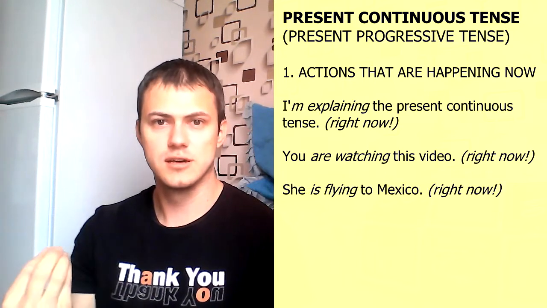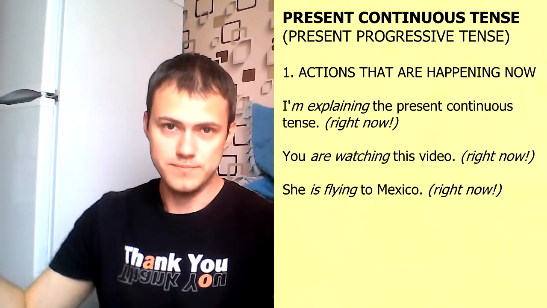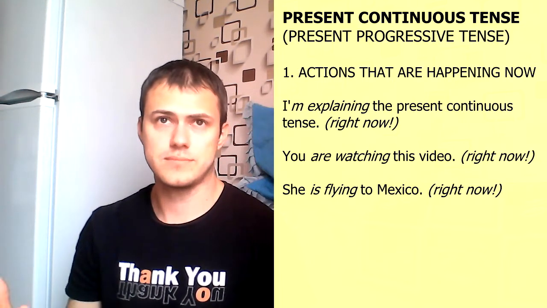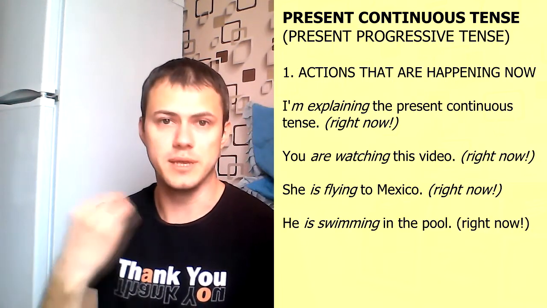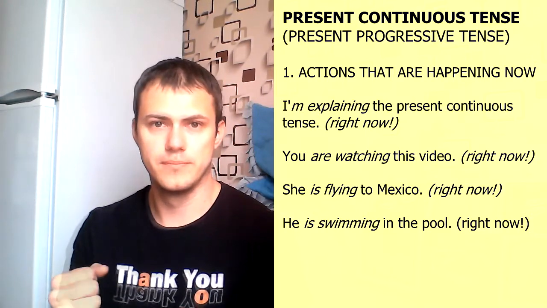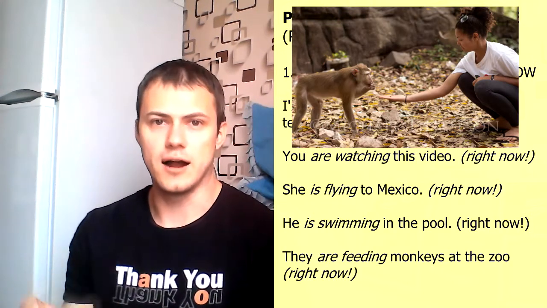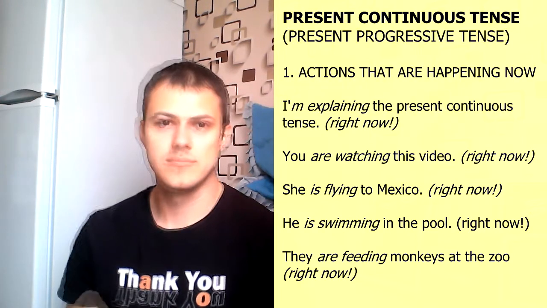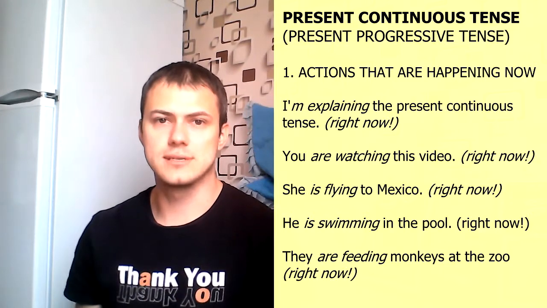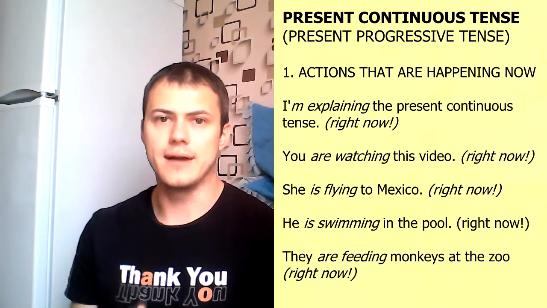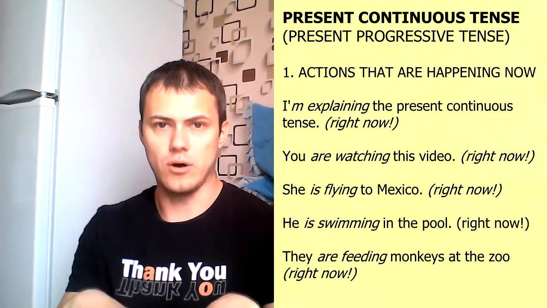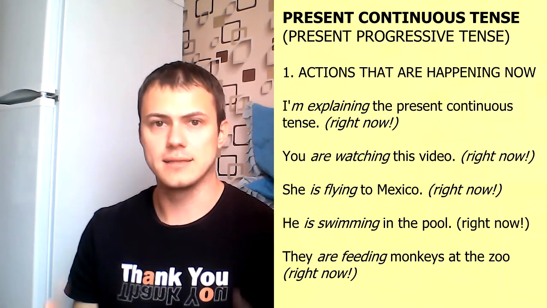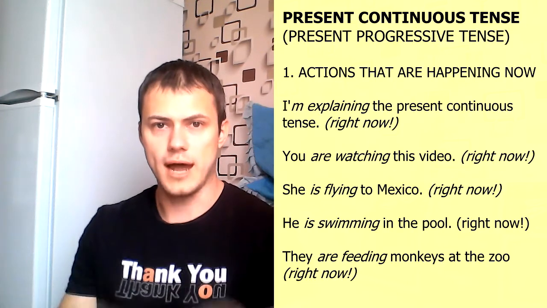She is flying to Mexico, for example. He is swimming in the pool. They are feeding monkeys at the zoo. All these actions are temporary. They are happening right now. Those are physical actions that are happening right now.